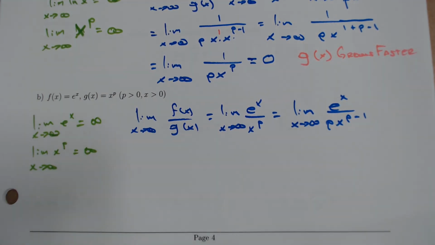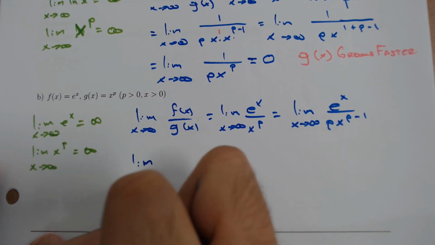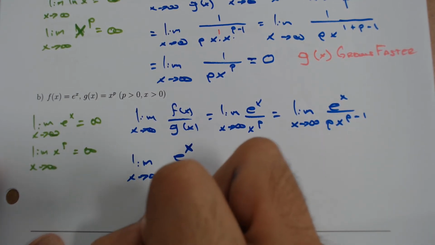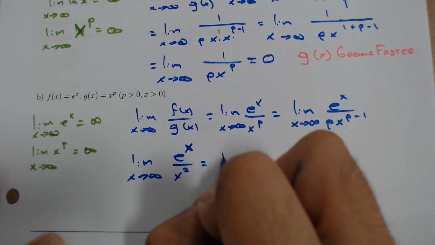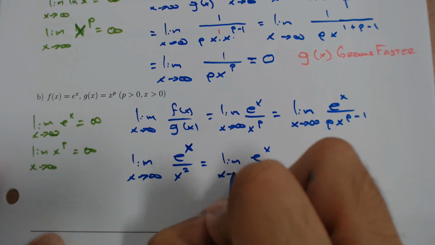But there's a little issue here. Well, I mean, the e to the x is never going to disappear. All right? So in this case, let me give a value for p, the simplest one possible. Let's take the case for x squared. So limit e to the x over x squared.